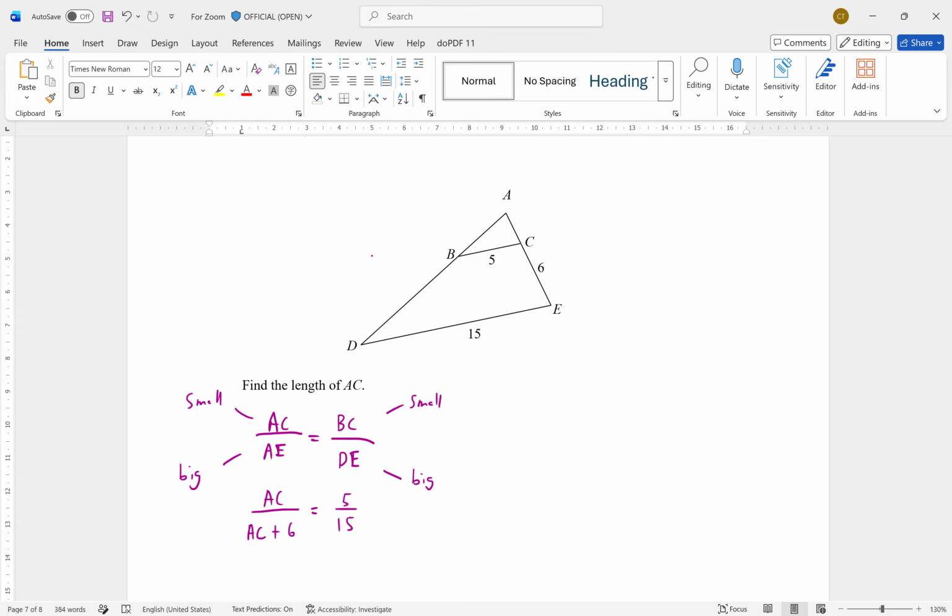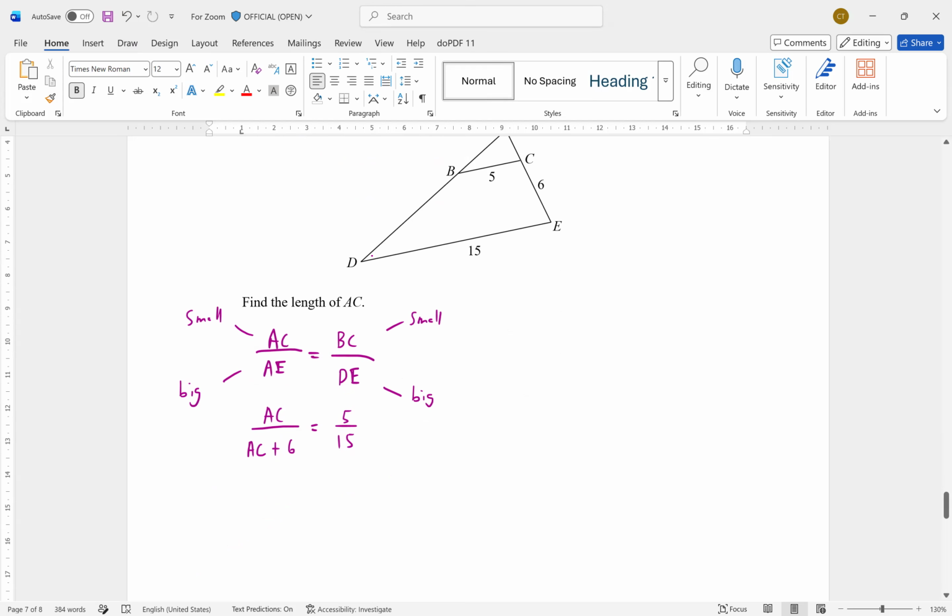Since we have an equation whereby there's only one unknown, AC, we can solve the equation and find AC. Firstly, I want to simplify the right side. 5 over 15 is actually 1/3. Then I cross multiply. Remember, cross multiply can only cross upwards.